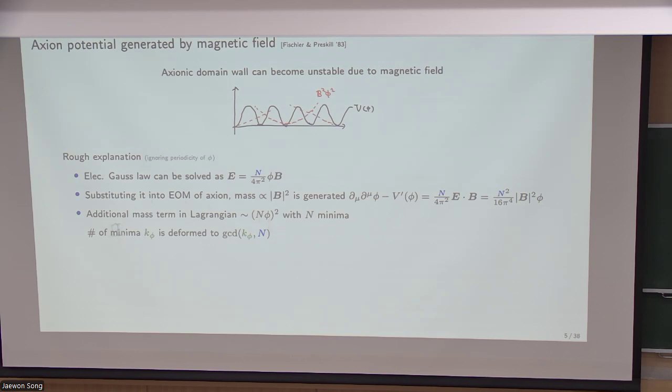So the number of minima of the axion potential is deformed by the axion photon coupling, and the remaining minima are reduced to the greatest common divisor of the axion domain wall number and the axion photon coupling. So some axionic domain walls become unstable. For example, the domain wall connecting this minimum and this minimum becomes unstable.